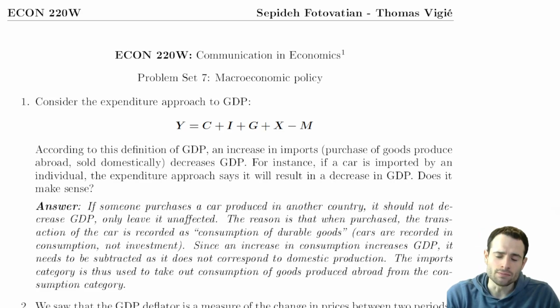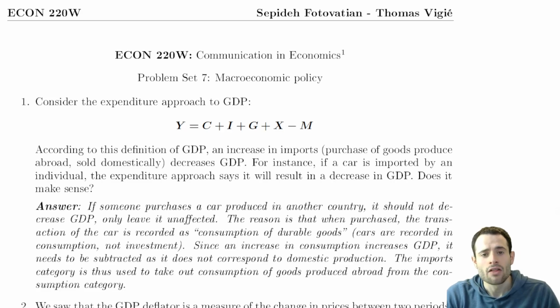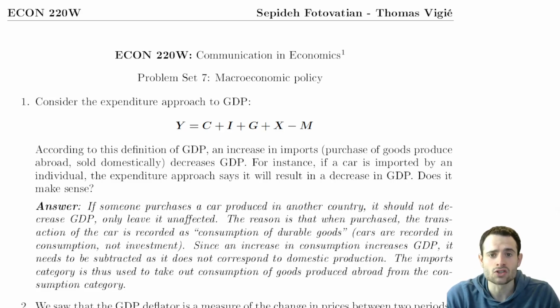According to this definition, an increase in imports, so the letter M, would decrease GDP. Think about, for instance, a car that is being imported by an individual. So the car was produced in another country but was sold in that consumer's country.